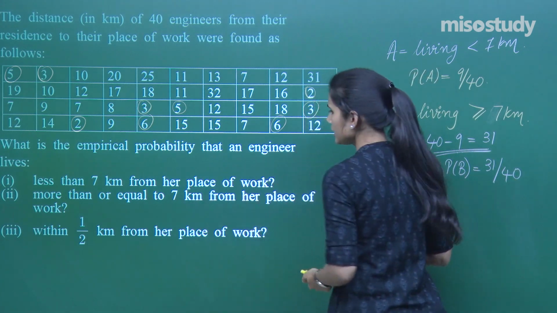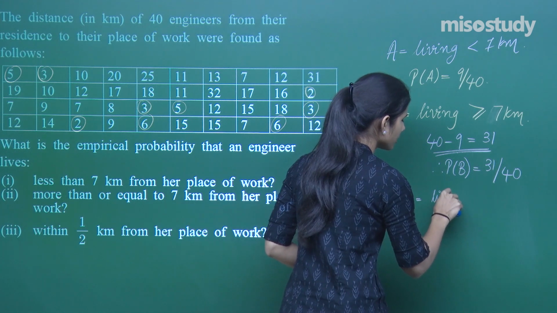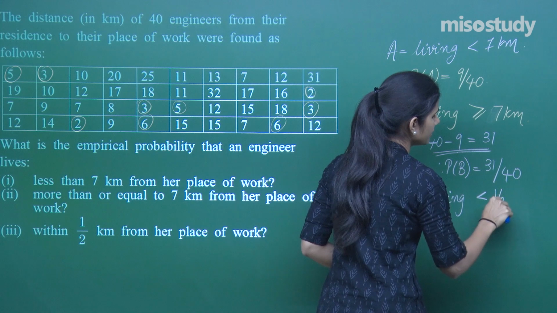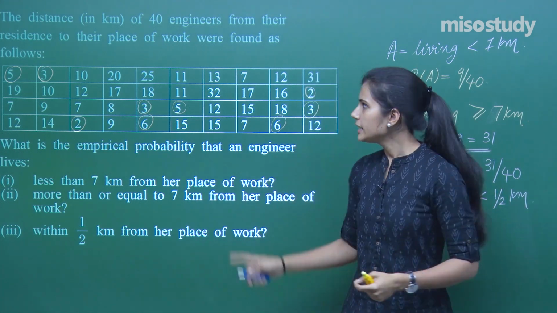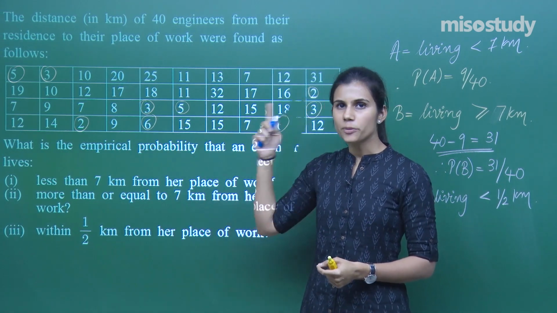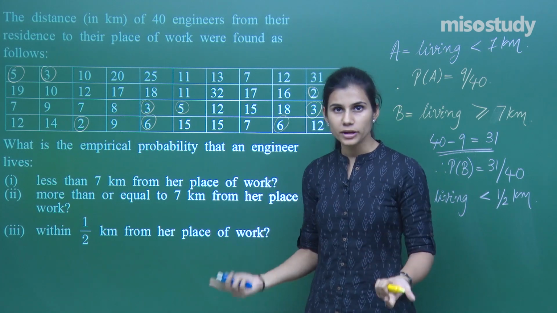Similarly, I have event C, which is within half kilometer. So living within half kilometer, less than half kilometer, that is 0.5. Is there any engineer who has a distance from residence to workplace of less than 0.5 or even 0.5?